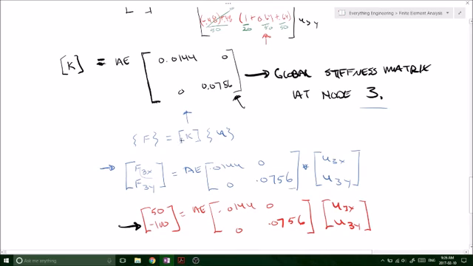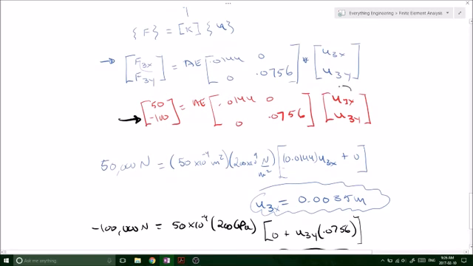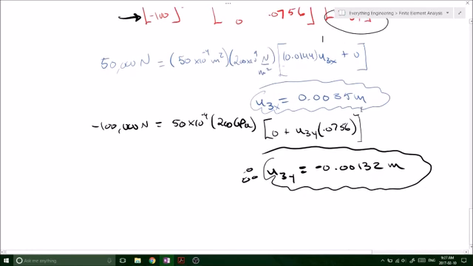And then throwing it back into our equation, F equals K times U, our stiffness matrix, we then used multiplication and solve for the only unknowns, which were our displacements at node number 3. So we got our U3x of 0.0035 meters and U3y of negative 0.00132 meters.